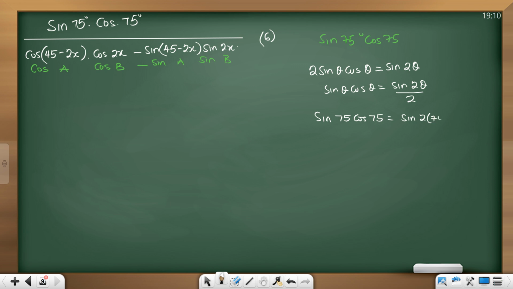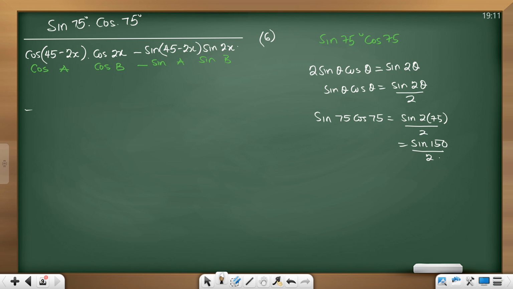Sine 2 times 75 over 2, which is what? Sine 150 over 2. Let me know if you are okay with this. It's manipulation. They remove the 2 there. And I don't want you to cram it. Just walk around with it with the formula. Do you see what I did there?